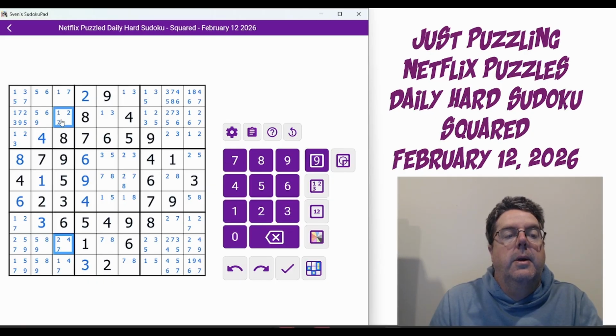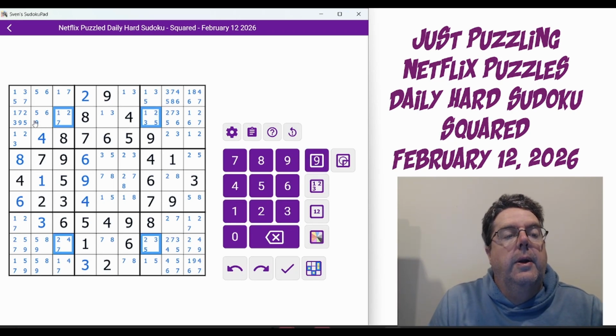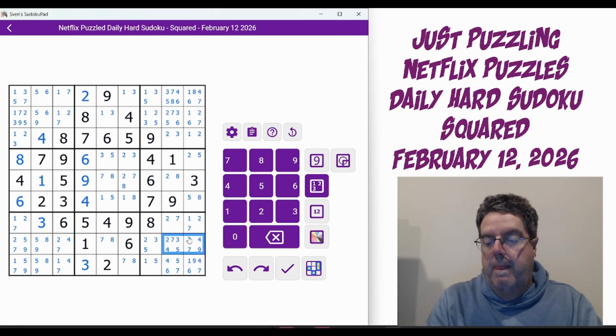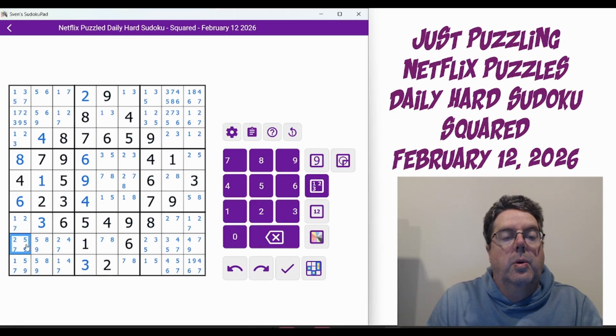So that means that these 4 are a 2 and a 2. So anything else in these boxes can't be a 2. Because a 2 can be here. A 2's there, a 2's there, a 2's there, and a 2's there. So that means that these can't be a 2 to start with, and that can't be a 2.